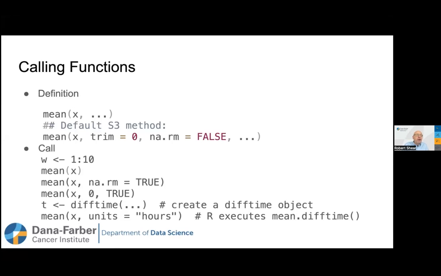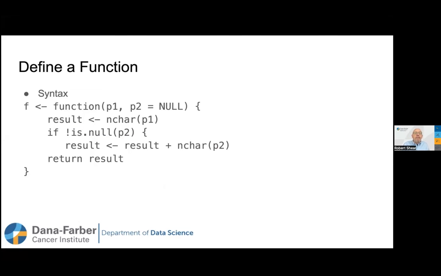You can also create a function. In the R language, everything is an object, and functions are so-called first-class objects, which means you can do anything with them that you can do with any other data type.